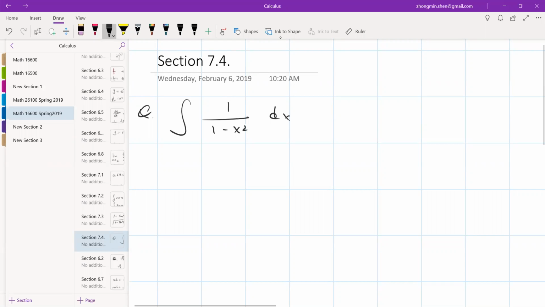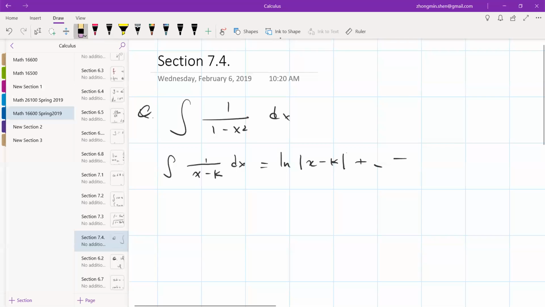So what I'm going to do is use the following property. The integral of 1 over x minus k dx will be the natural log of the absolute value of x minus k, and plus constant.